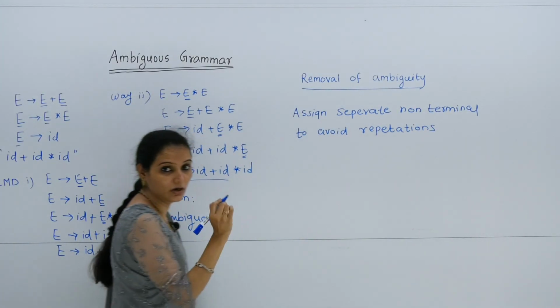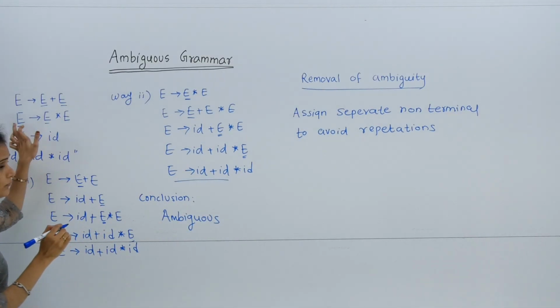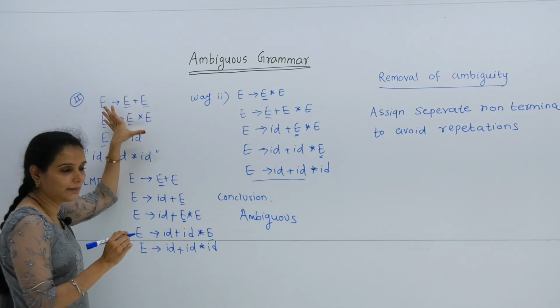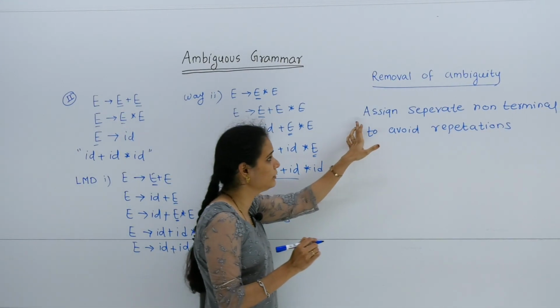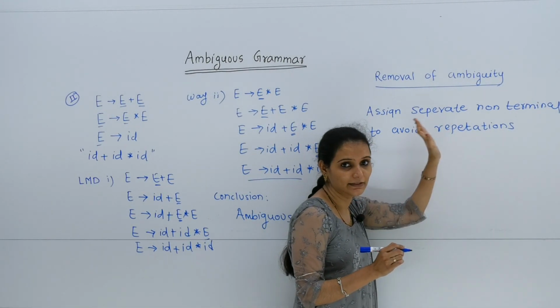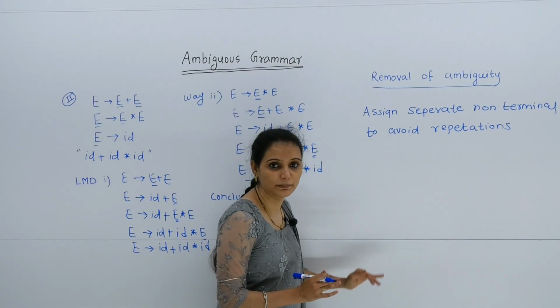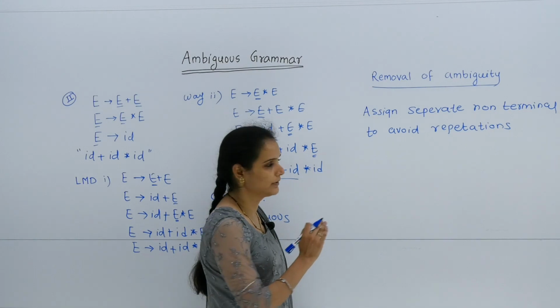Here the same non-terminal is repeated. So to avoid that repetition, we are going to assign a separate non-terminal, so that whatever grammar we obtain will not be ambiguous grammar.